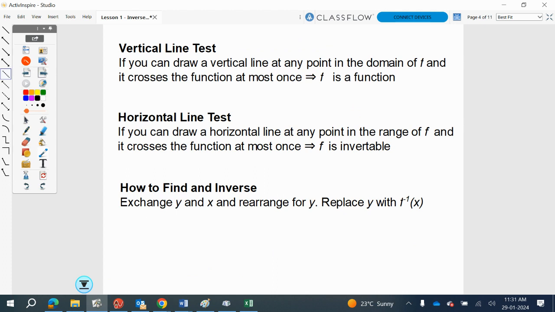So if you can draw a vertical line at any point in the domain of f, and it crosses the function at most once, it doesn't have to cross the function. But I guess if it's in the domain, it's going to cross the function. So it has to cross at least once if it's in the domain.